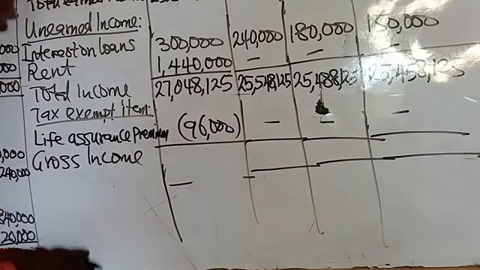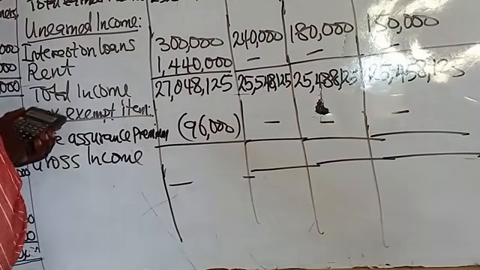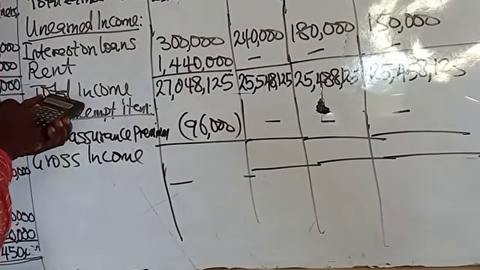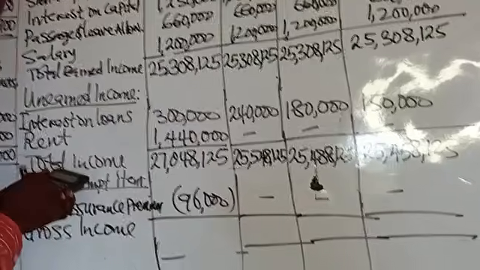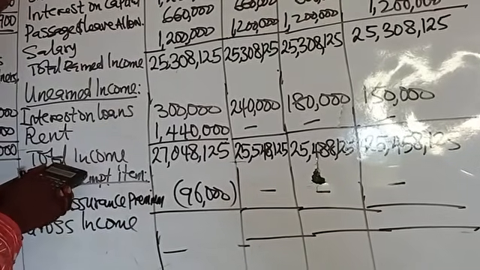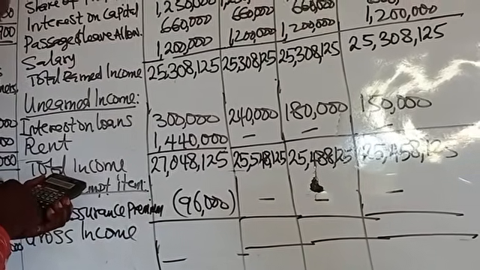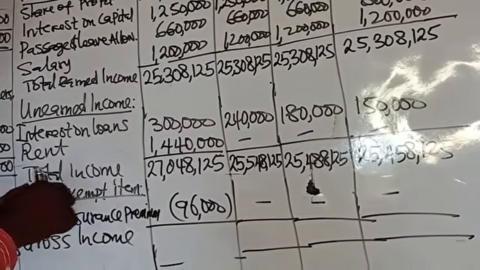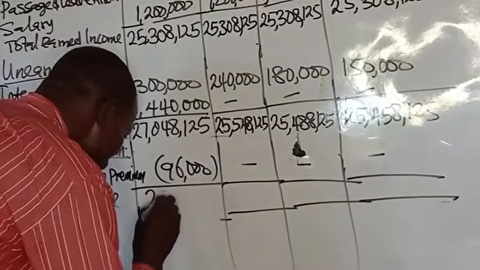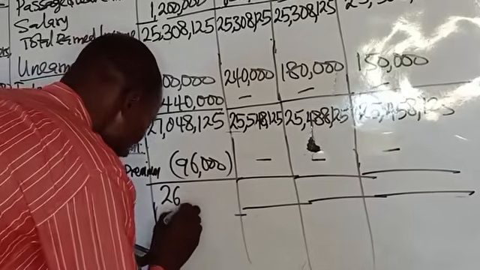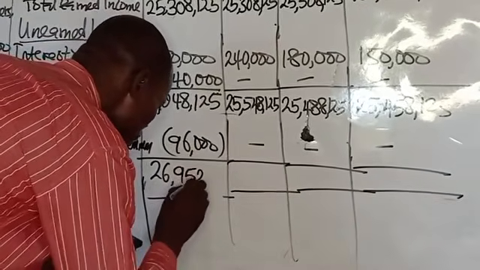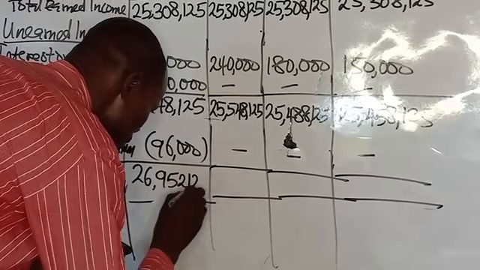If you deduct 96,000, 27,048,125 minus 96,000, then you have 26,952,125.